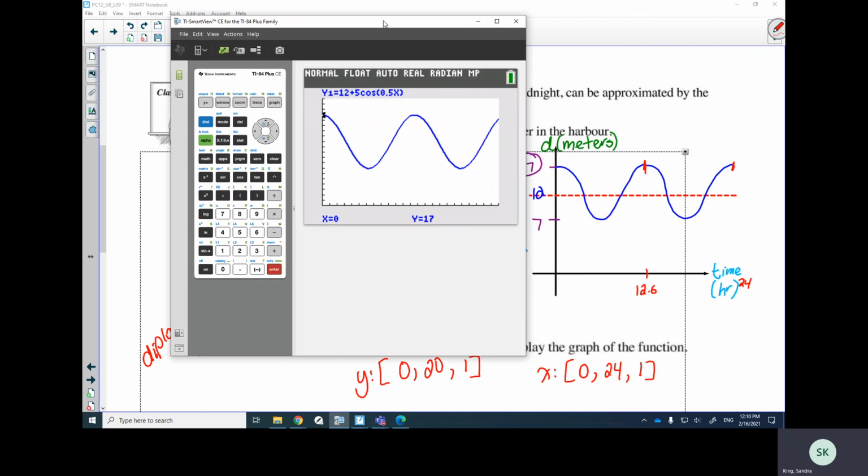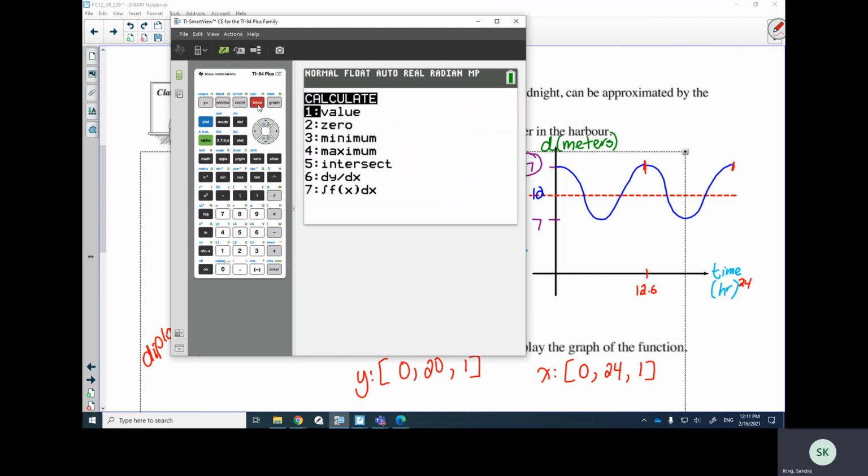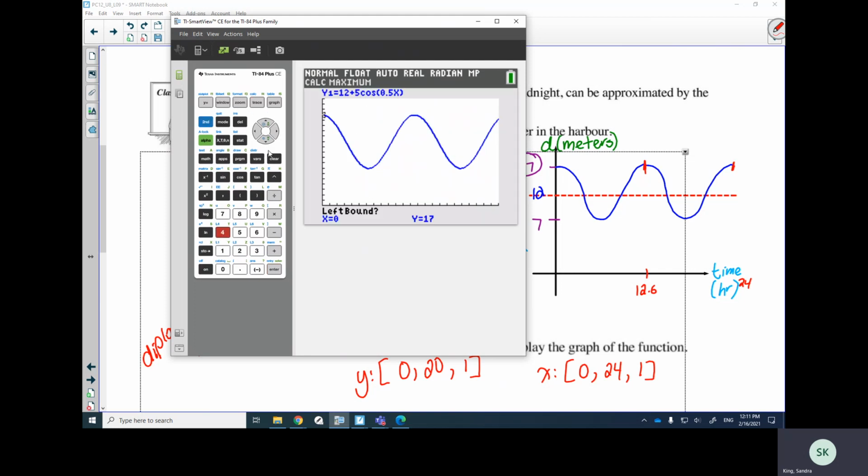The other thing I want you to double check is we think that this time, one period, is about 12.6 hours. So how you would check that on here, this is called a maximum. So let's check the maximum of this. You would have learned that in 20-9. So second function, calculate, let's look at the maximum. Go to that peak.